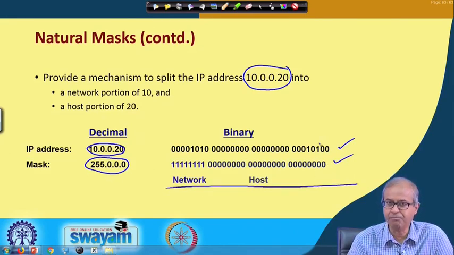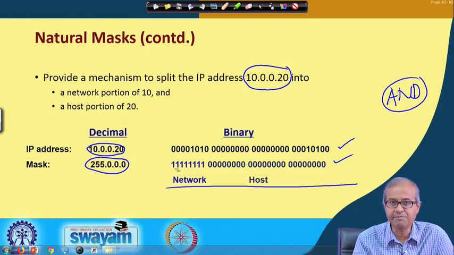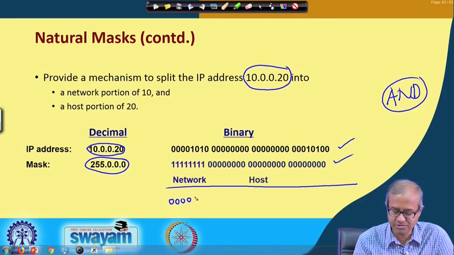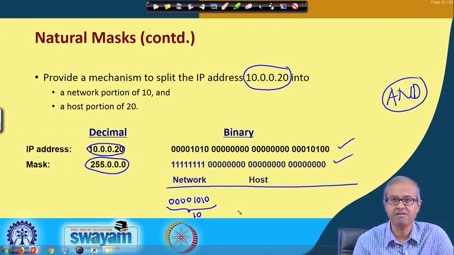If I do a bit by bit AND operation, the first 8 bits are 1 in the mask. If you do AND, the first 8 bits will be 00001010, which is 10 in decimal, but the remaining bits are all 0. If you do an AND, everything will be 0.